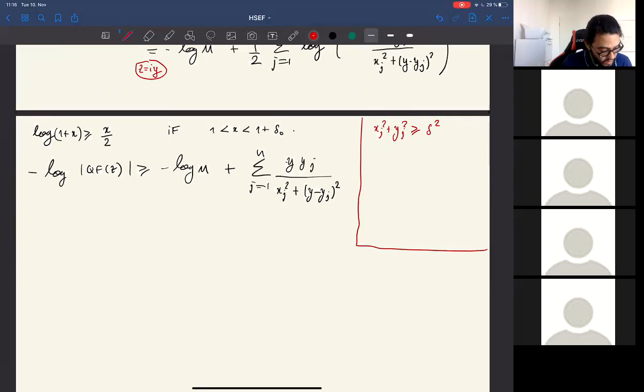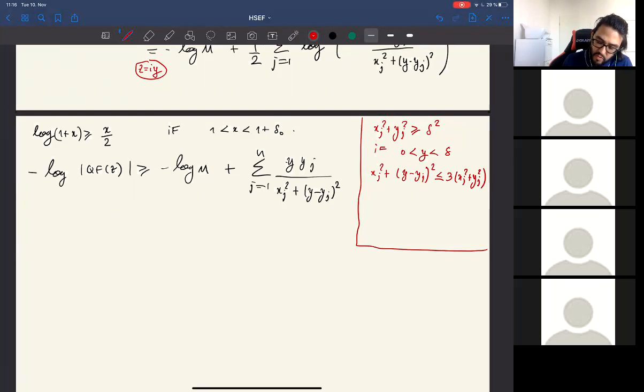So in particular, if 0 is less than y and y is less than delta, then xj squared plus y minus yj squared, you can show that this is less or equal than, say, 3 times xj squared plus yj squared.